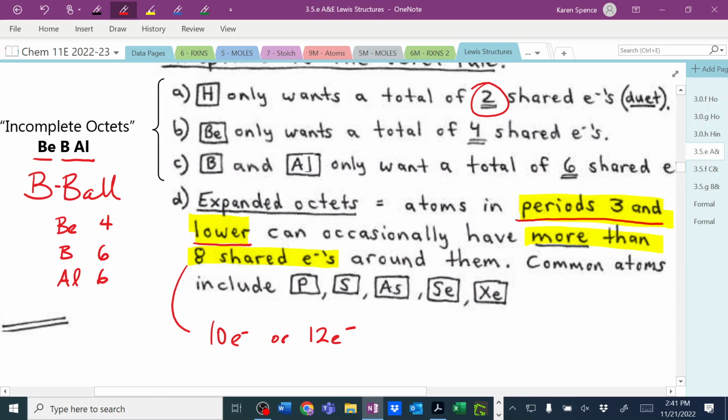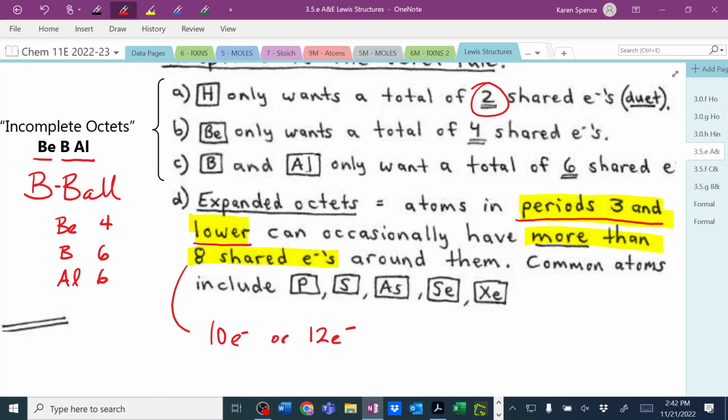We'll worry about those a little bit later. We're not going to deal with those today. But those are the exceptions to the octet rule. Hydrogen only needs 2. Beryllium needs 4. Boron needs 6, and aluminum needs 6.